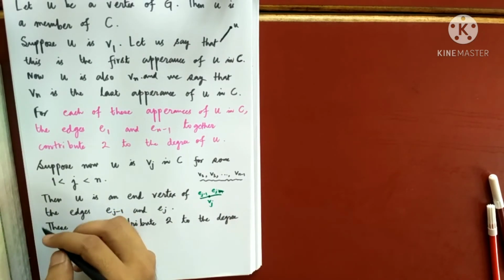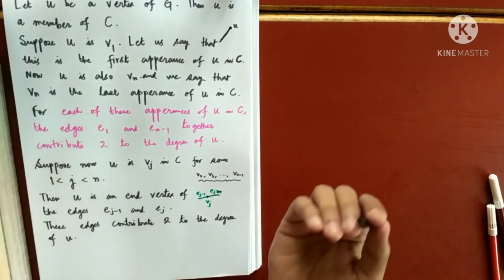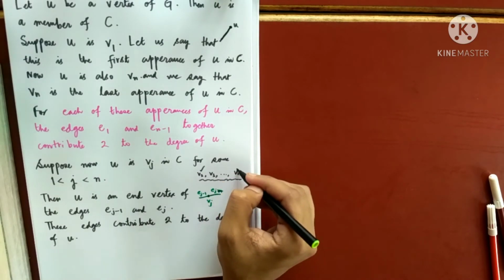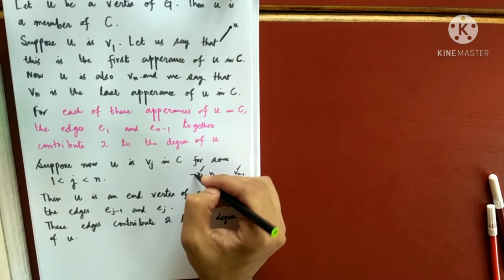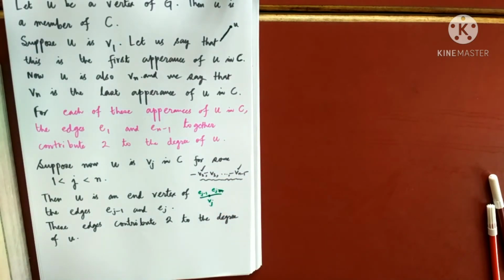See, I am not saying that the degree of u is 2. u may be repeated twice. So u is appearing here and u is also appearing here. Then these two edges will contribute 2, and these two edges will contribute 2. That means the degree will be 4.